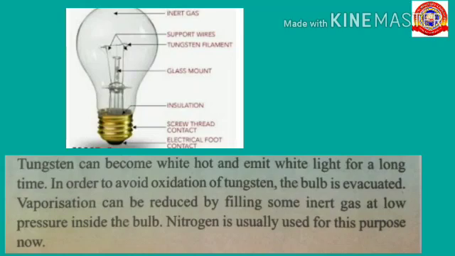When these lamps are glowing, a small amount of heat is produced and there is a chance of vaporization. So for avoiding vaporization, some inert gas is filled inside the lamps at low pressure. Usually, nitrogen is used for this purpose.